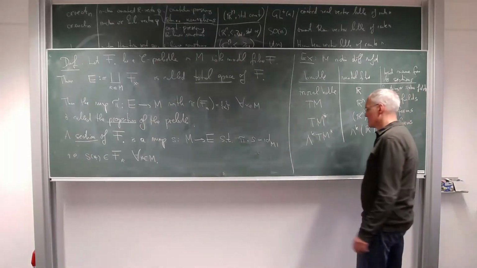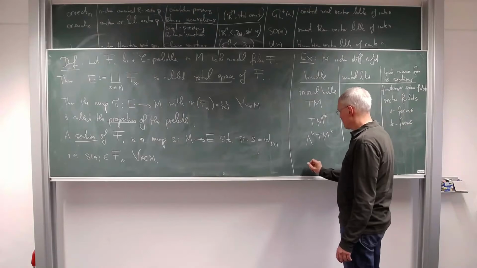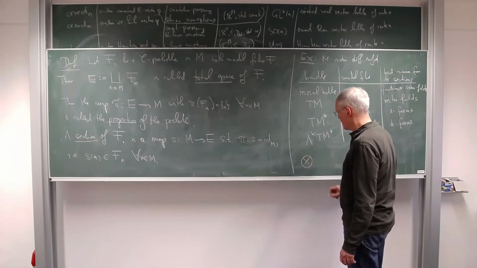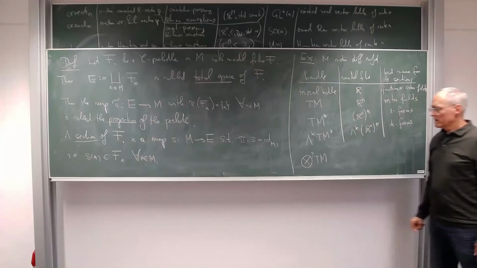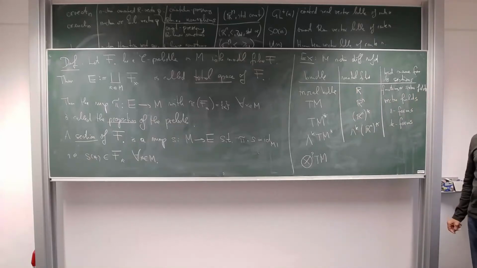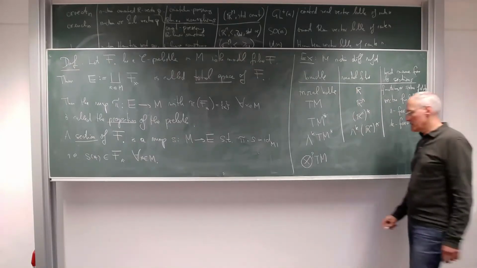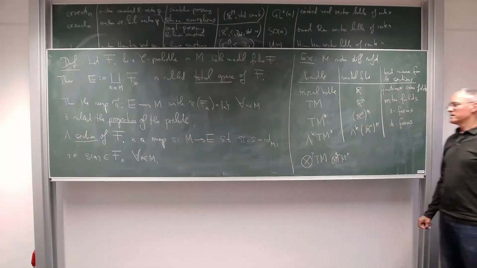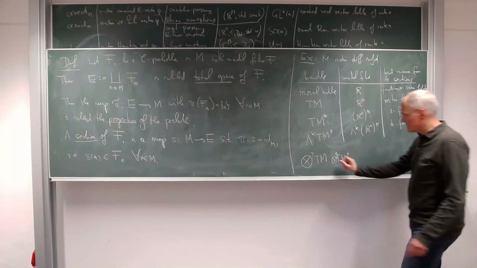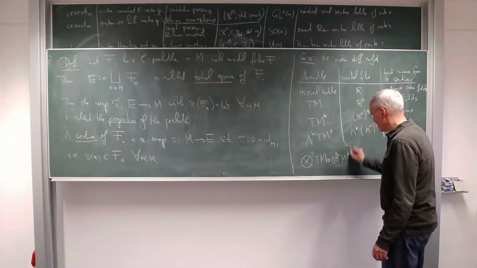Or we could apply, let's say, a tensor product power to our tangent bundle. So I take the p-th tensor power of the tangent bundle. I could also do the same thing with the cotangent bundle, the q-th tensor power of the cotangent bundle, and I can tensor those together.